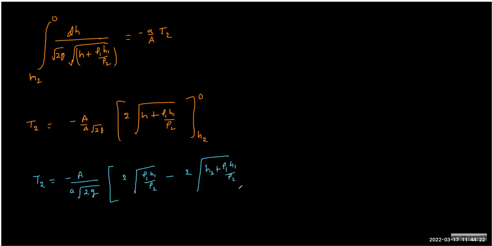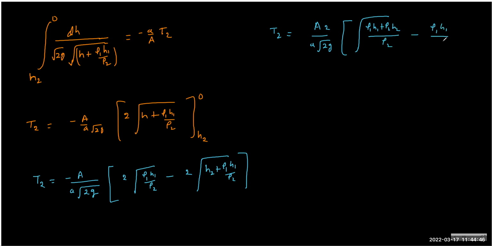Hmm, this is nice. So T2 is how much? A by A root 2g and 2 outside. So what we get is rho 1 h1 plus rho 2 h2 upon rho 2 minus rho 1 h1 by rho 2.